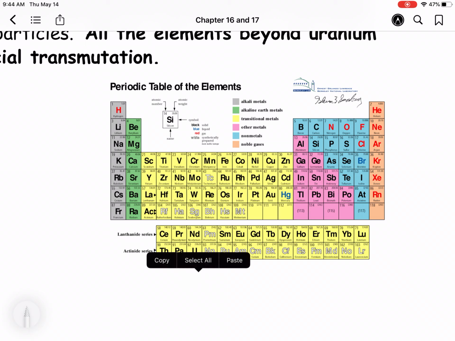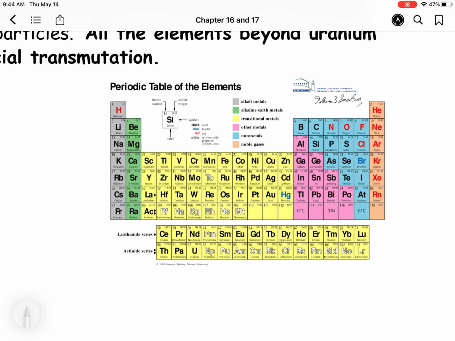Uranium naturally appears on Earth, but any of these elements was us taking uranium and accelerating uranium or accelerating an alpha particle and smashing it into plutonium, then smashing it again into californium, then into mendelevium, all the way up to lawrencium. So that's the idea, that we can keep smashing. Now, some of these elements have been filled in since this periodic table was produced.